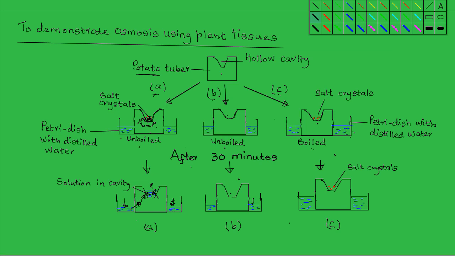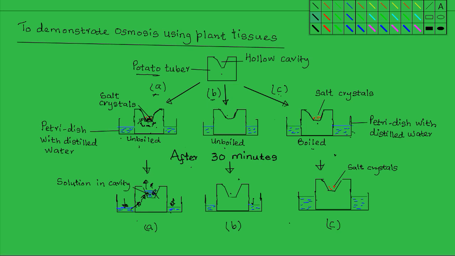So that's why you see after 30 minutes, the solution level in the cavity increases because water is drawn from the cells in the potato tuber by osmosis, and in turn, they draw water from the petri dish by osmosis, replace the amount that is lost to the cavity, leading to a drop in the level of water in the petri dish.